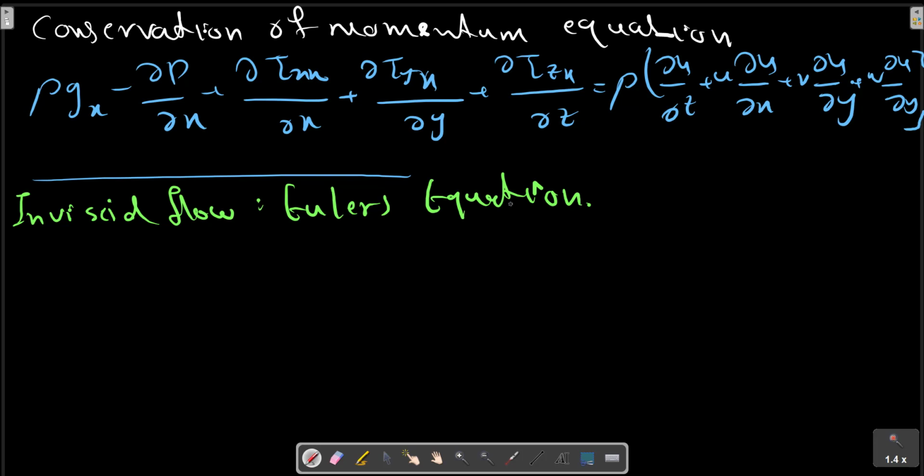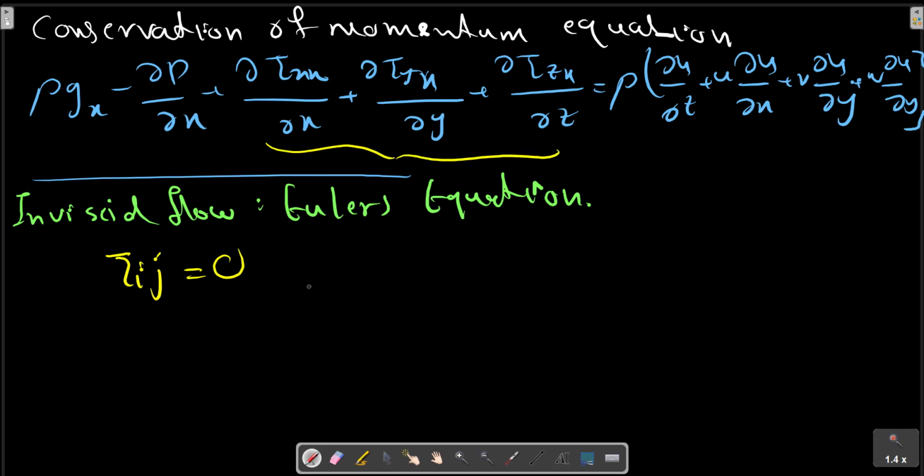The simplest assumption is frictionless, and the frictionless condition means the viscous effect on the momentum equation is 0, these three parts.